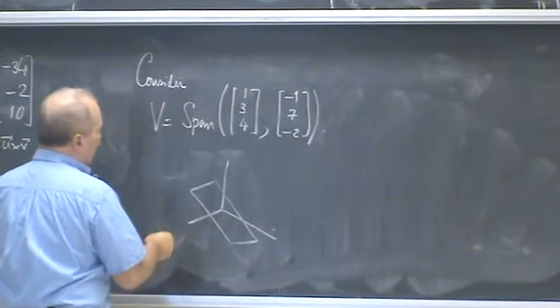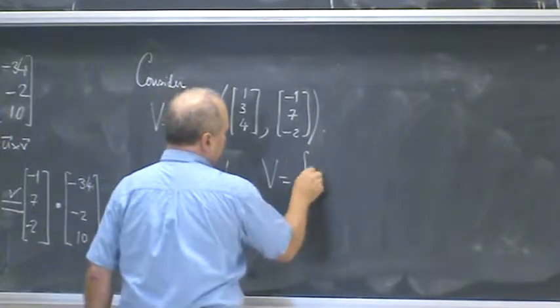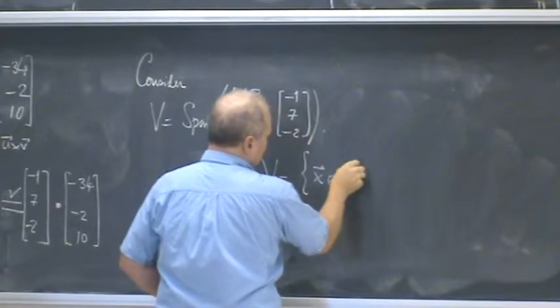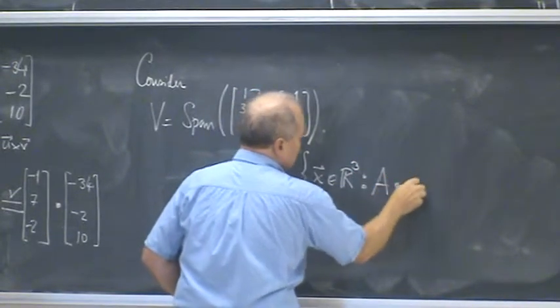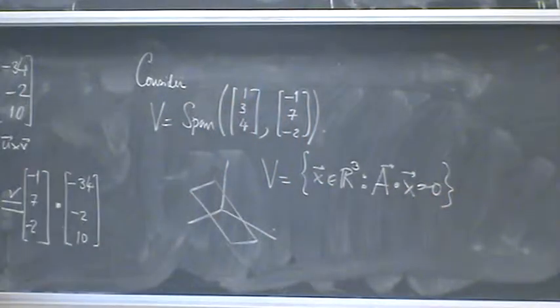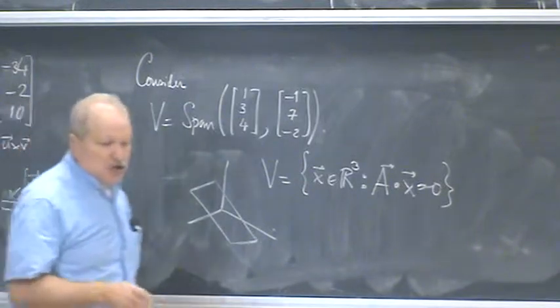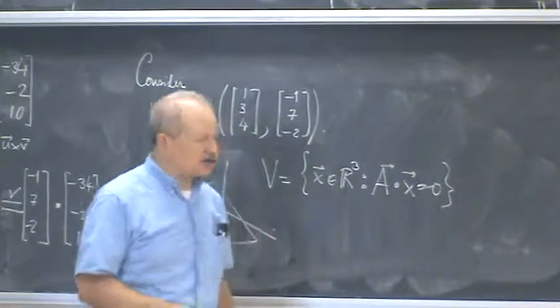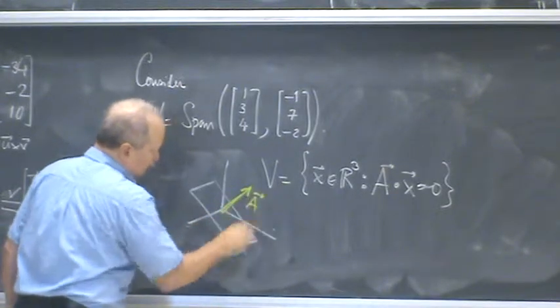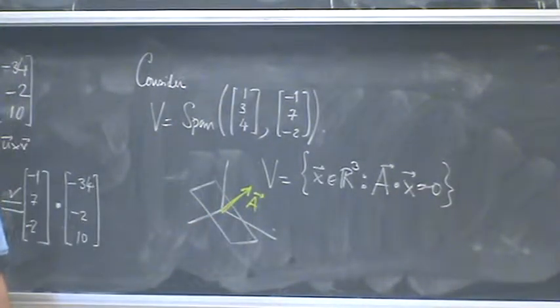But I would like to write V in the form A dot x is 0 for some vector A. How do I find a vector A? The cross product, because I want a normal vector to the plane. I want a vector that's orthogonal to all the vectors in the plane.